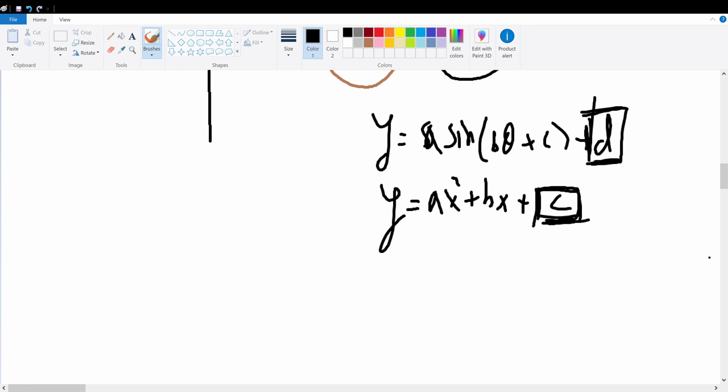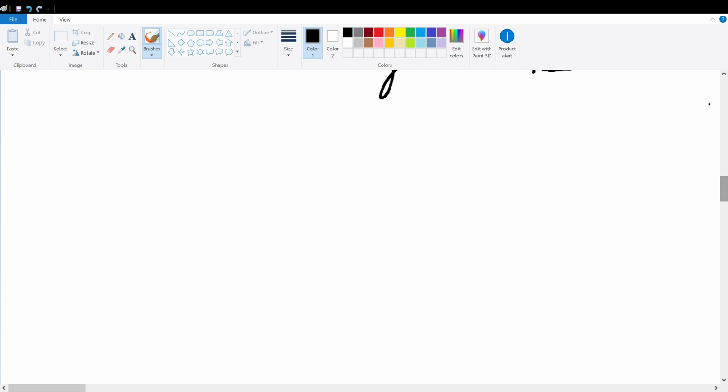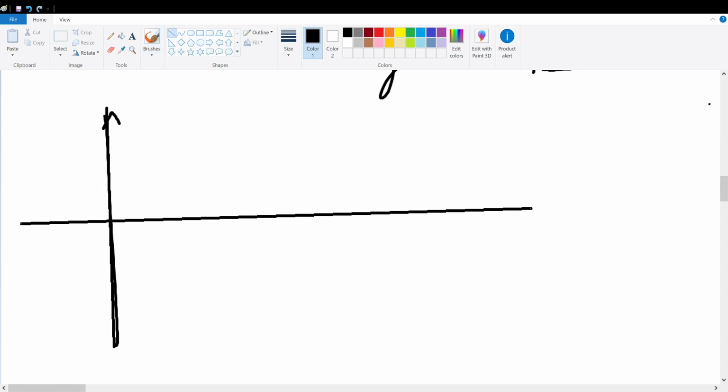So let us apply this to a specific example for visuals and for conceptual understanding. I should do it with the line tool. Here, where we're going to be labeling our axes, and for the specific function of y equals sine theta plus 1.